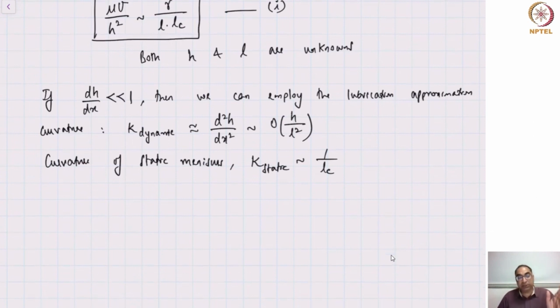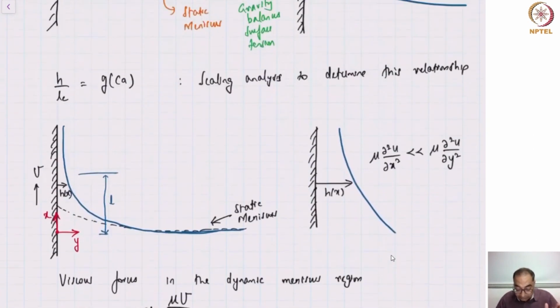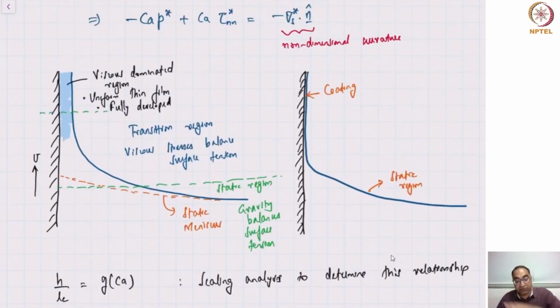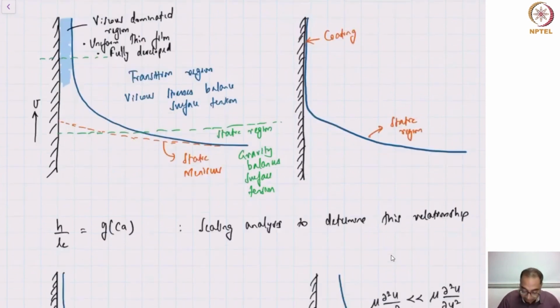Now, if I want the transition region here to smoothly match the static region, this will happen when the curvatures of these two interfaces in these regions match, so that we have a smooth transition from static meniscus as I approach the transition region.